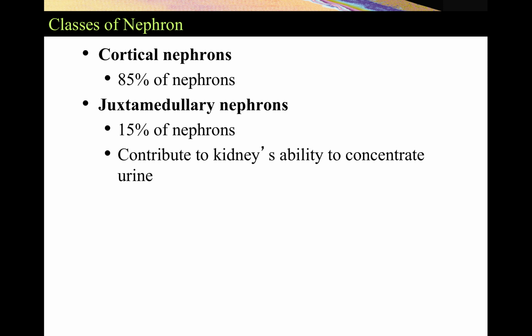Now, the first and most common type of nephron we have is referred to as the cortical nephron. Just by looking at this name, it should imply that these nephrons are going to have the majority of their structure inside the cortex. So 85% of the nephrons you have are identified as cortical nephrons. They're the ones responsible for your typical urine production.